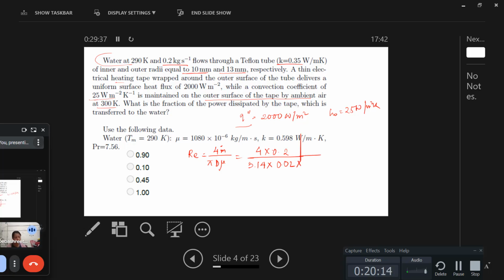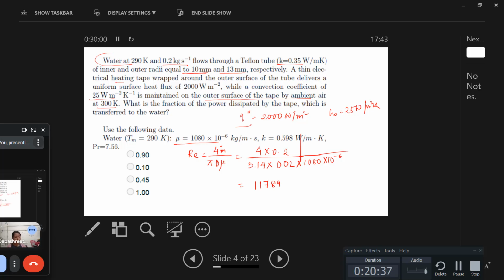Then mu is given as 1080 into 10 to the power minus 6. So we get this Reynolds number as 11789, which means the fluid is turbulent inside.